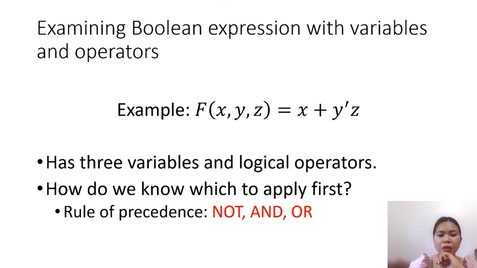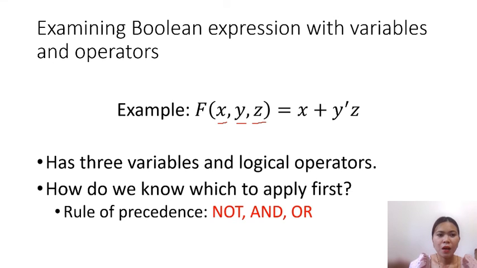We have a function with three variables and logical operators. How many logical operators do we have? We have and, we have not, and we have or. So we have three variables and three logical operators.